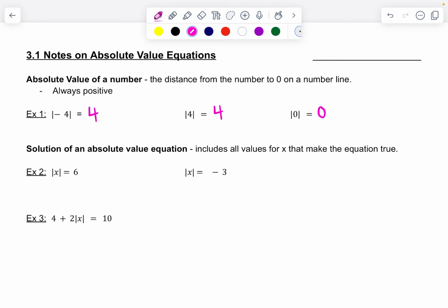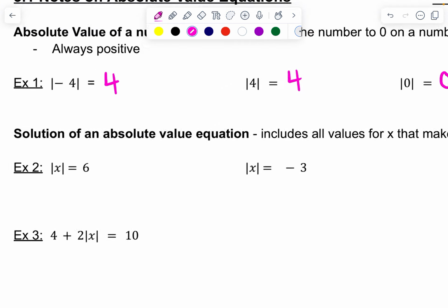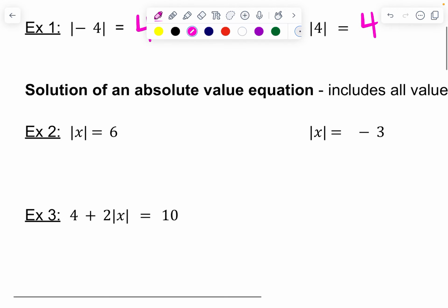When we're solving an absolute value equation, so if there's a variable in there, it includes all the values for x that make the equation true. So like for our example 2 here, if the absolute value of x equals 6, that means x could equal +6 or x could equal -6, because both of those are 6 spaces away from 0 on the number line.